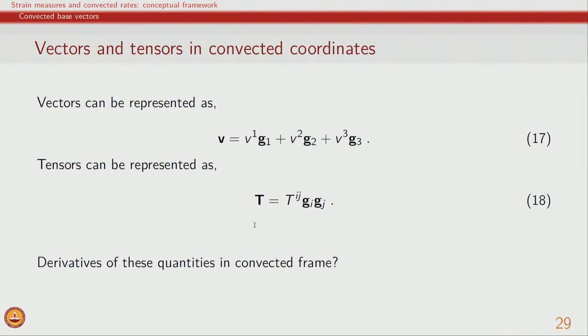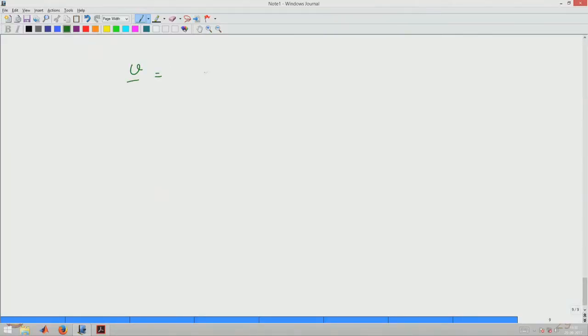So, using these base vectors which we have defined, and we have also seen how they capture the overall deformation as well as deformation rate in the material, these base vectors can be used to denote the vectorial and tensorial quantities which are involved in rheology. So, for example, velocity can be written in terms of reciprocal base vectors as V1 G1 plus V2 G2 plus V3 G3.